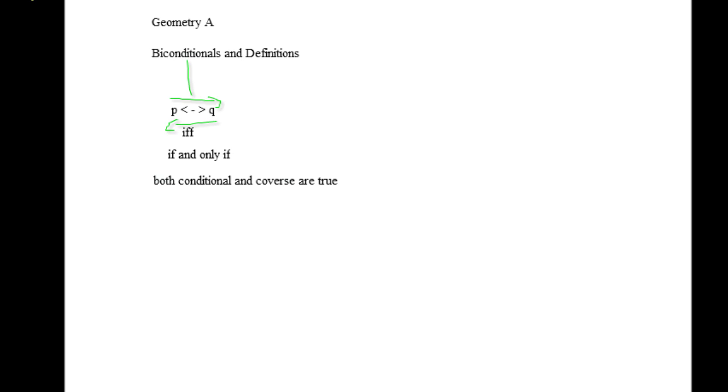Let's get an if-then statement in there. If the sum of the measures of two angles is 180, then the two angles are supplementary. That's a conditional. Now, if I reverse that and make the converse of that statement, if two angles are supplementary, then the sum of the measures of the angles is 180 degrees, and that's true, I can make a biconditional.